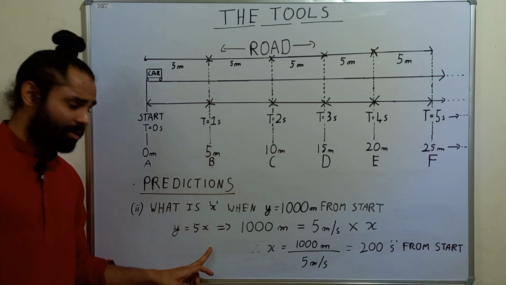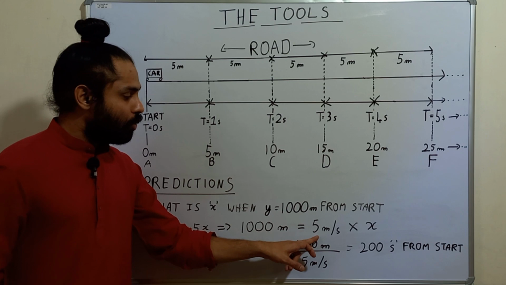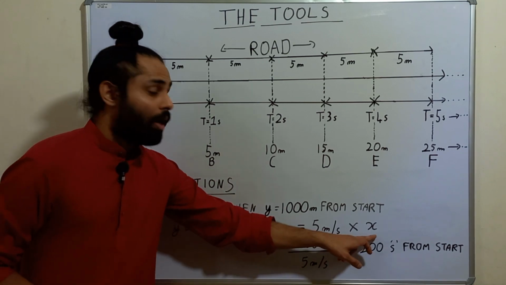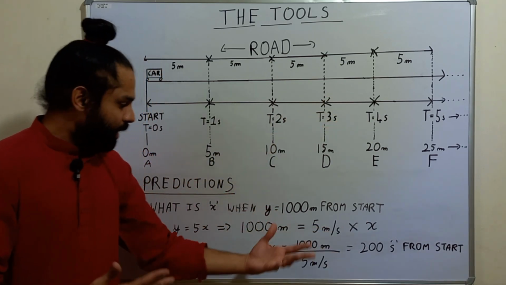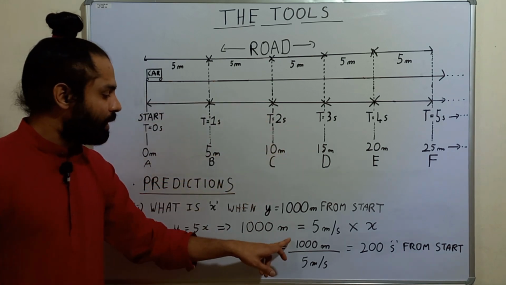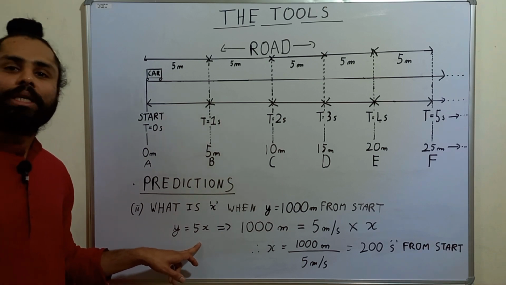Y equal to 5x. Now y is known, so 1000 meter total distance travel is equal to 5 meter per second, how much distance per second, into how many ever seconds are elapsed. That is unknown right now. Rearrange the terms, therefore how many seconds that have elapsed will be 1000 meter, that is y, divided by the 5 meter per second speed.